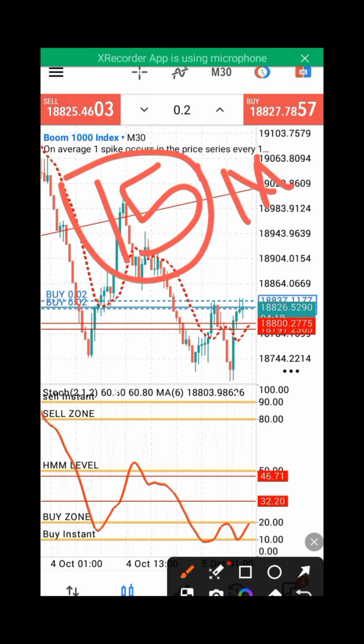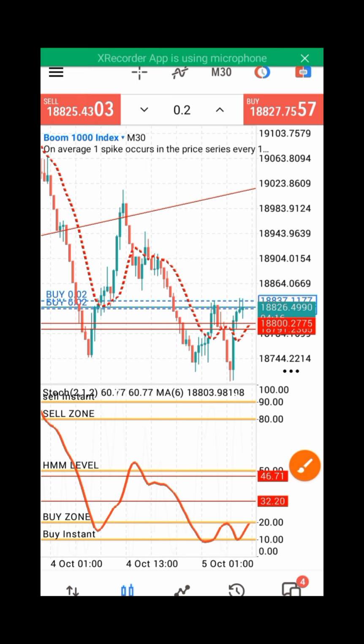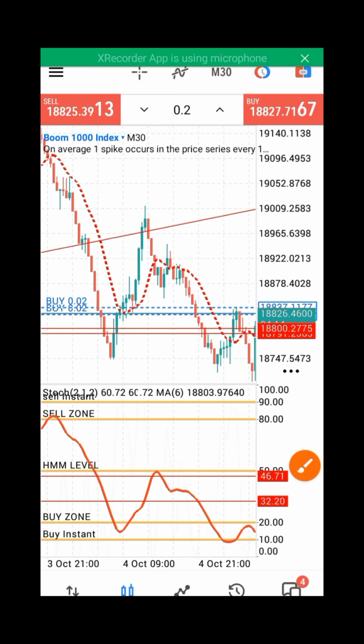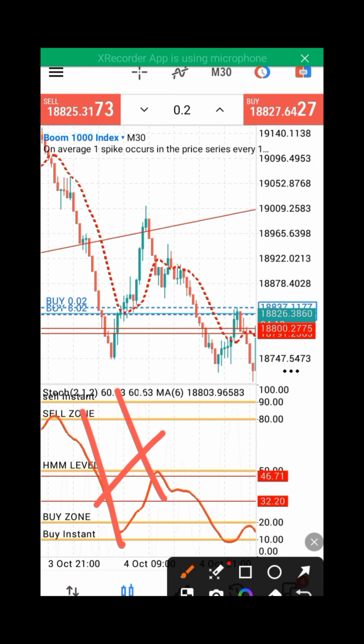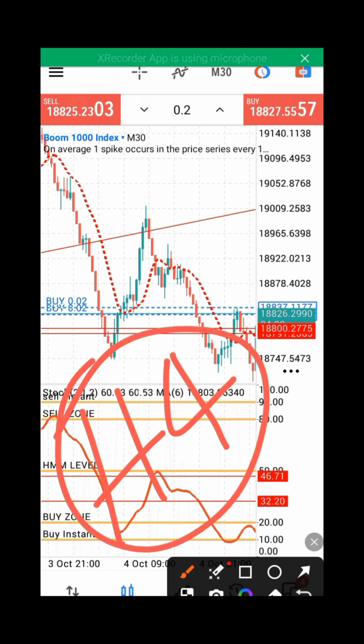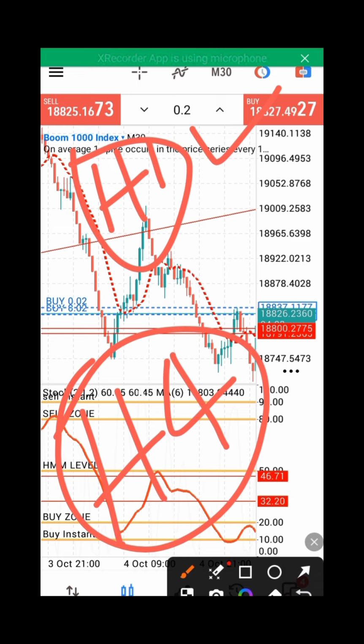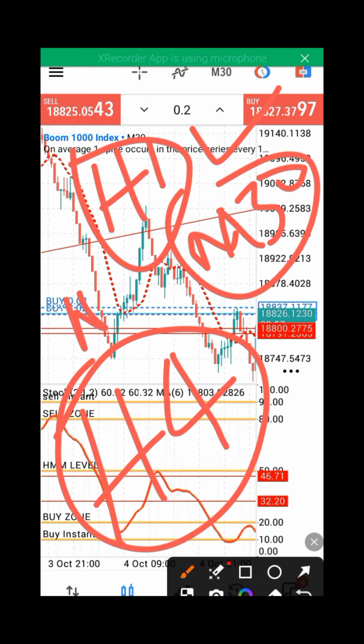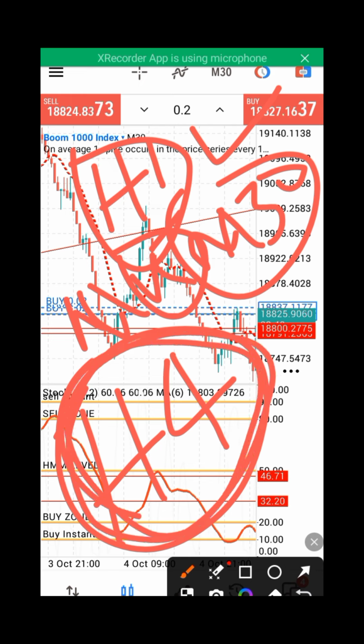But let's assume you are using the H4 time frame to check your trade. Then you should be using at least H1, or let's say M30, or even M15 to take your trade. You can use M30, M15, and H1 to take your trade, especially if you are using the H4 time frame.